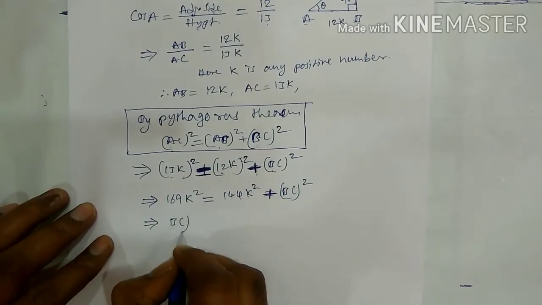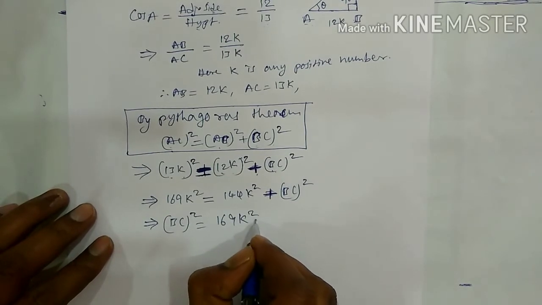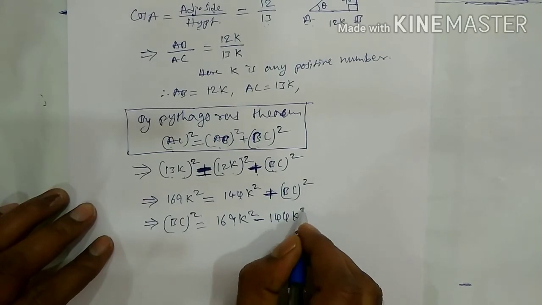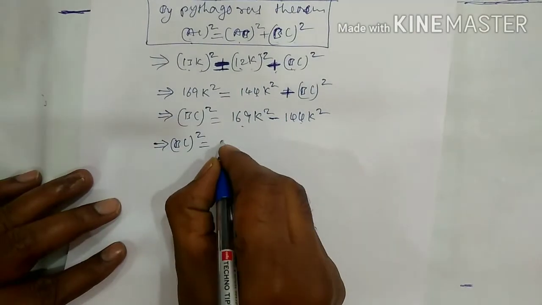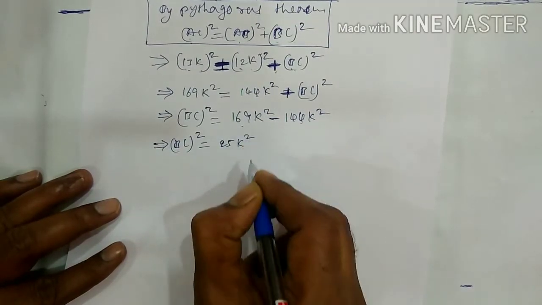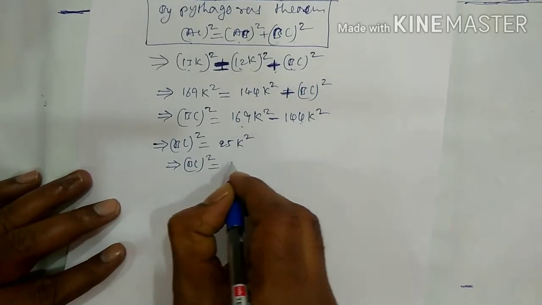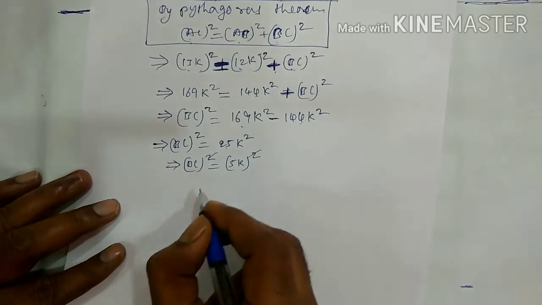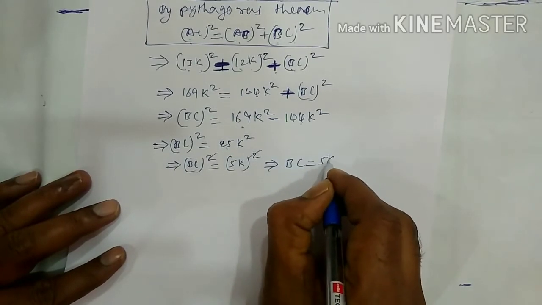Then BC square is equal to 169K square, taking 144 to the left side, minus 144K square. BC square is equal to 25K square. So here BC square is equal to 5K whole square. The square gets cancelled. BC is equal to 5K.